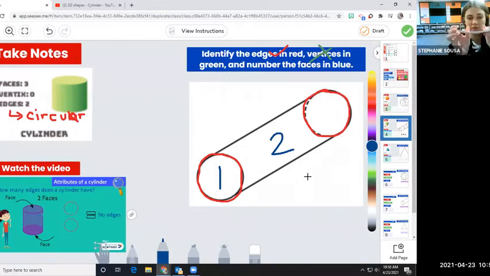Rectangle, cylinder. Rectangle, cylinder. So we don't call this a standard face, we call it a curved surface face because it has been curved, okay? And then we have our top circle, three of them. Any questions on that?